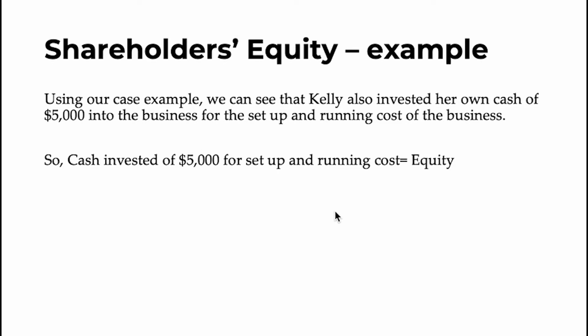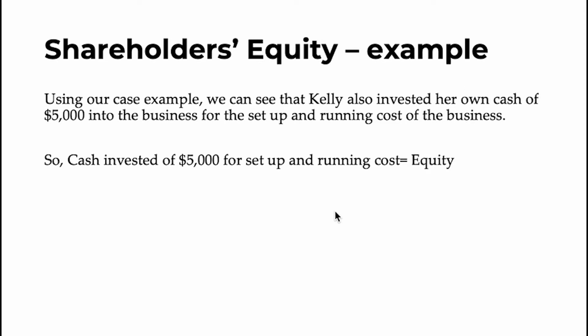Using our case study example for the class, we can see that Kelly invested her own cash of $5,000 into the business for the setup and running cost of the business. So the cash invested of $5,000 is in the form of capital, or her investment.